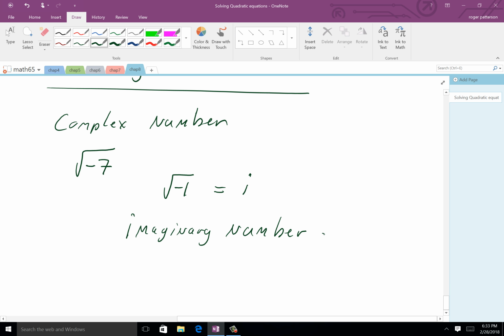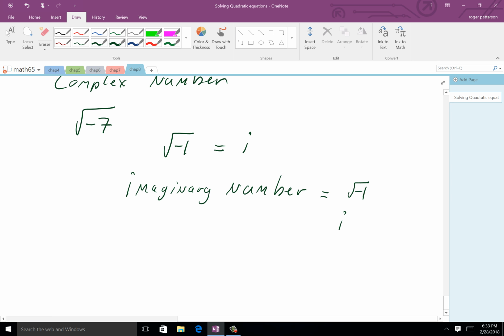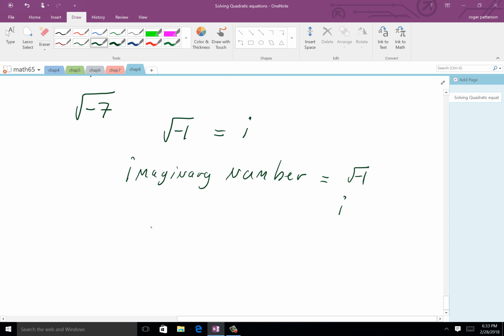So the imaginary number i is just equal to the square root of -1, and it's symbolized by an i. Okay. So what that does is allow us to take the square root of -7 and write it as i square root 7. Basically, this negative goes away and the i goes out in front of it, because i is equal to the square root of -1.